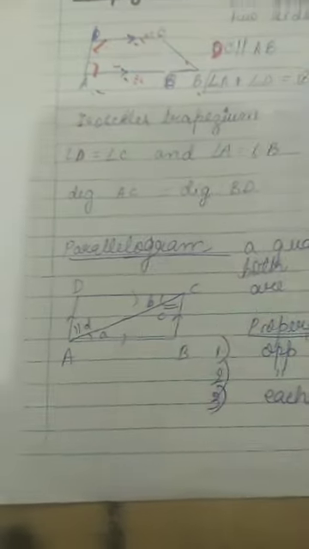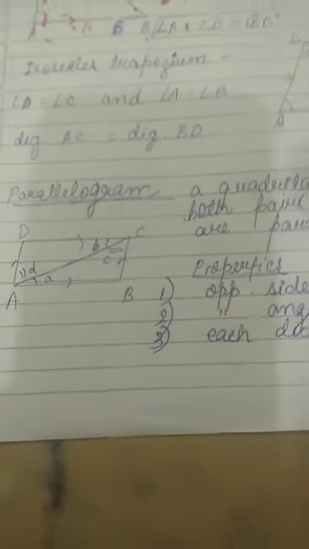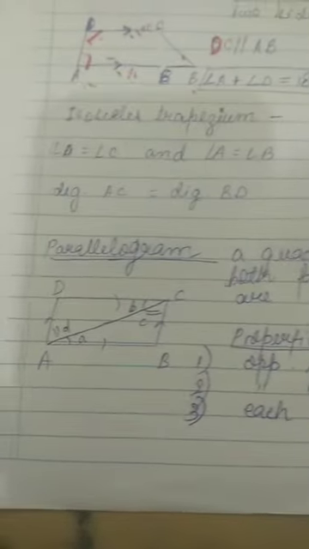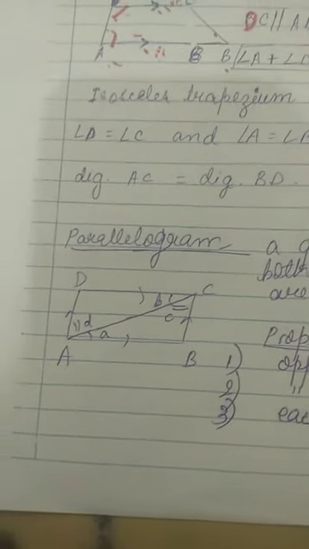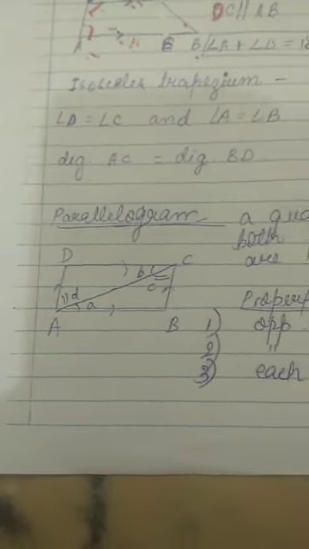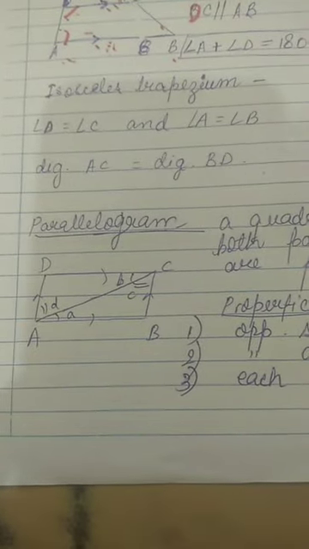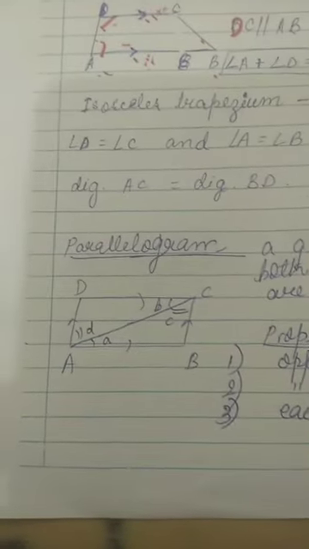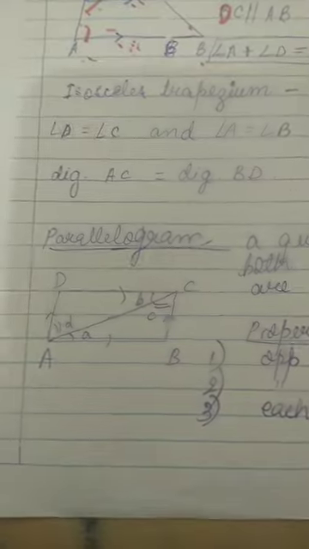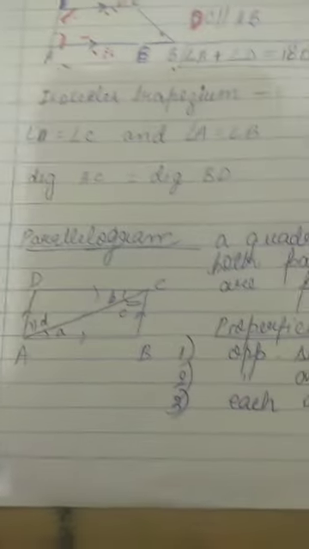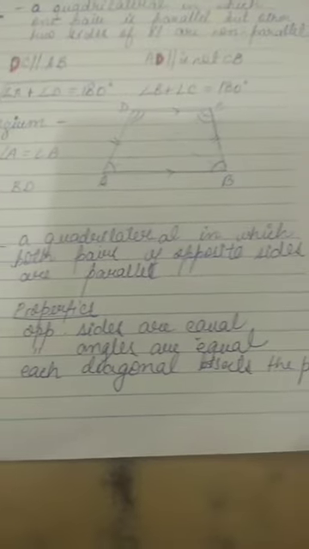If you press a rectangle from above, you will get a parallelogram, and we will also discuss the rectangle too. The lines get split and become parallel. So it is a quadrilateral in which both pairs of opposite sides are parallel.